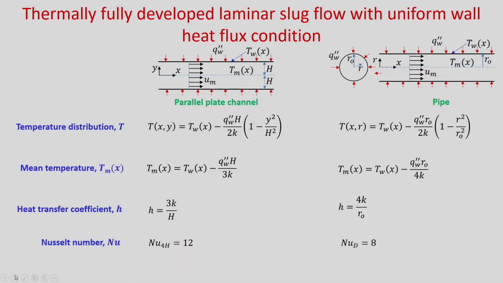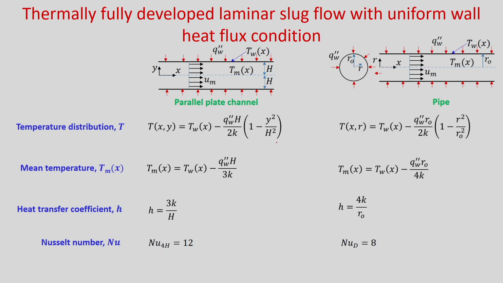So, let me summarize. Today we have considered thermally fully developed laminar slug flow in two different types of channels. One is a parallel plate channel and one is a circular pipe, and we considered the uniform wall heat flux boundary condition.